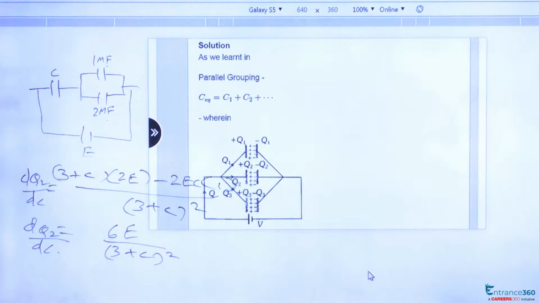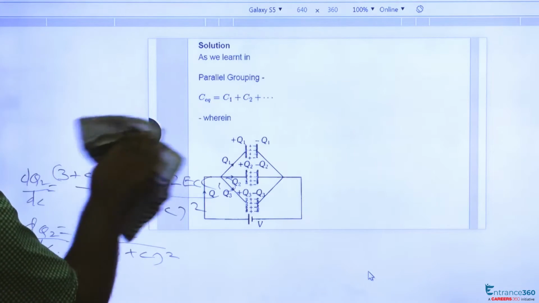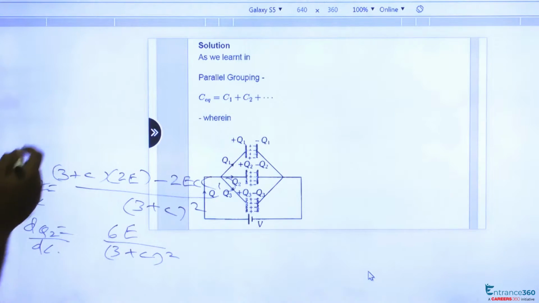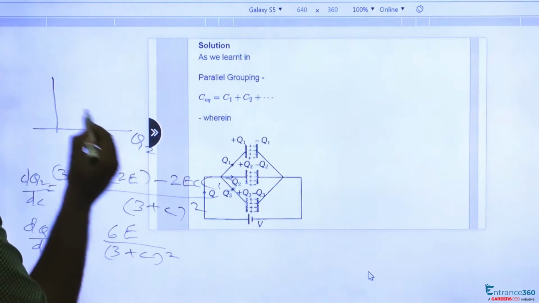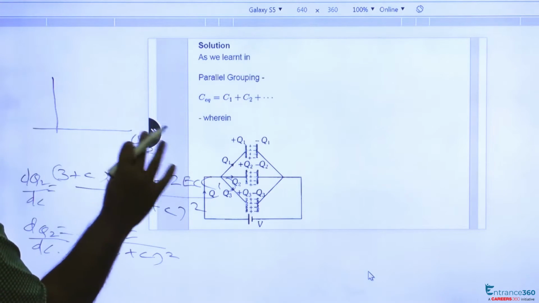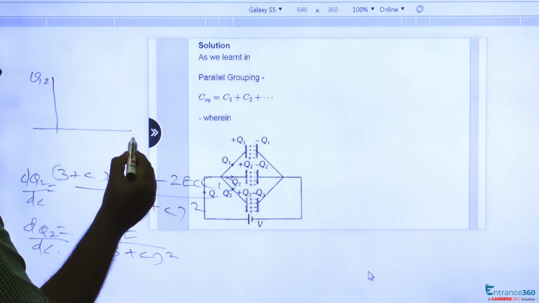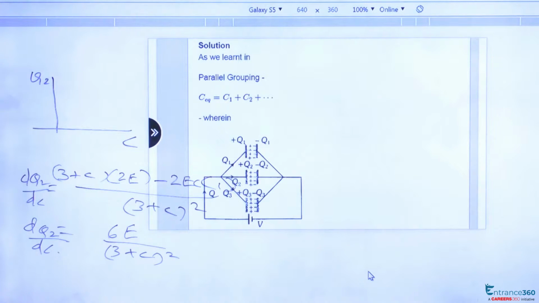Now let's take Q2 on the y-axis and C on the x-axis.